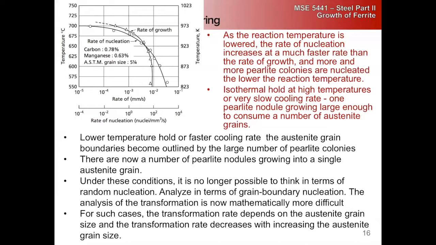JMAK Avrami doesn't sort of work, and the transformation rate is going to depend on the initial austenite grain size, the austenite grain shape, and the transformation rate is going to decrease with increasing austenite grain size. Right? If we're in a nucleation or a growth limited regime where nucleation is easy, right? Our rate is going to be proportional to the amount of nucleation sites that we have. Okay.